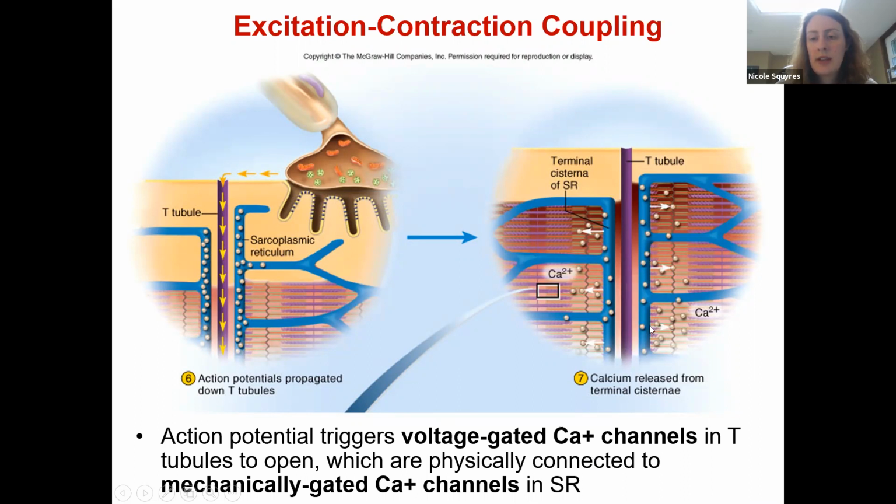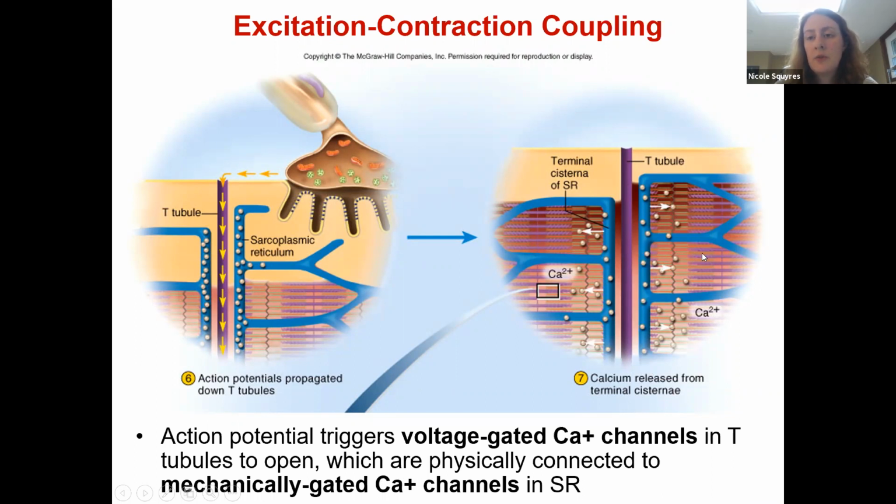And so as the action potential travels down that T-tubule, it's ultimately going to trigger these channels to open in the sarcoplasmic reticulum. And so the end result is that these calcium ions that are stored in the sarcoplasmic reticulum are going to be released into the muscle cell.